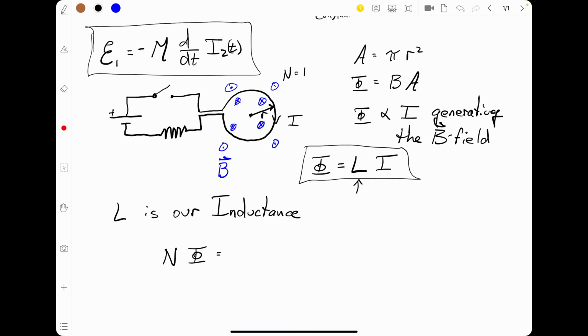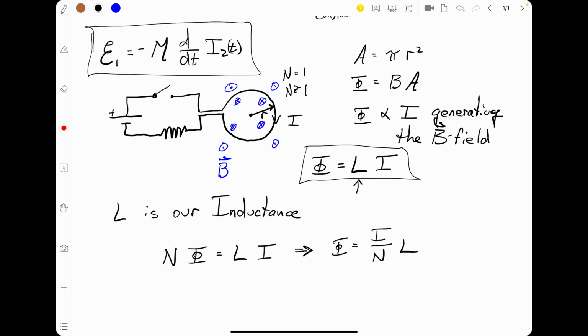So n times phi will be equal to our inductance times I. This leads to phi equals I over n times L, and that's if we had n greater than 1, however many you want.